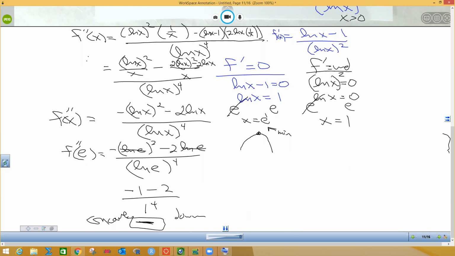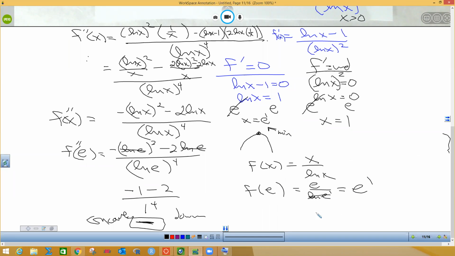So I'm going to go ahead and find the y value that goes with that. If you remember, f of x equals x over natural log of x. So if I do f of e to the 1st power, that's going to be e to the 1st power over natural log of e. And again, these give you 1 because these cancel out. That's the exponent. So this is e.